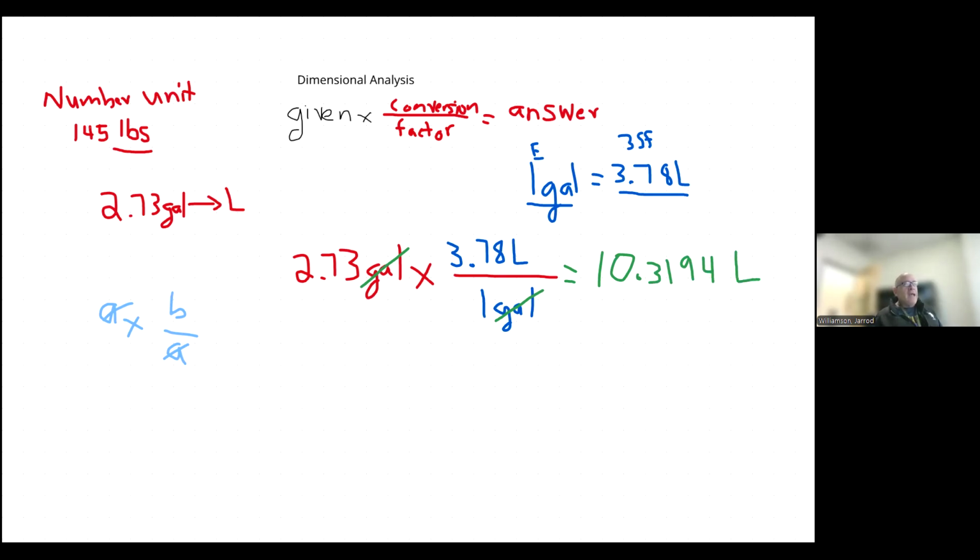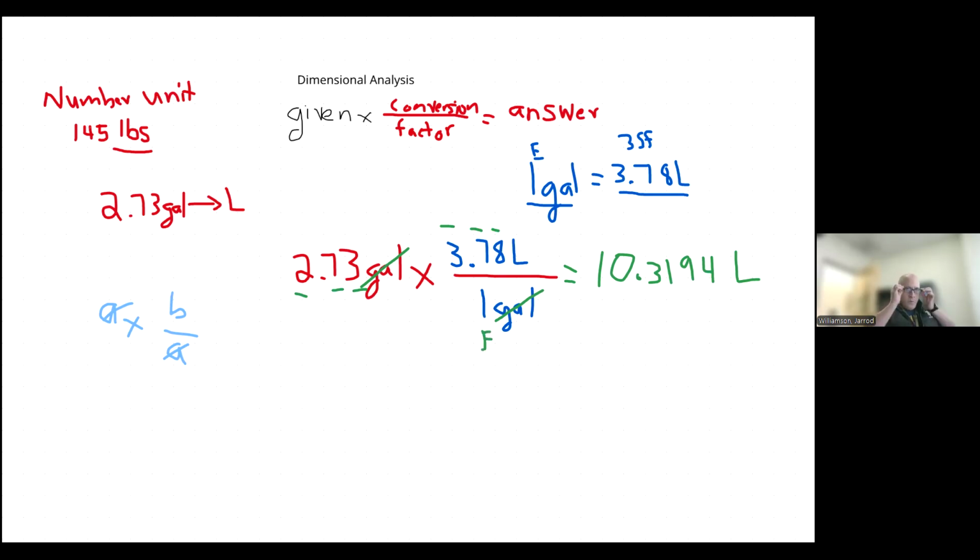If you leave it like that, you're actually wrong. Because this is 1, 2, 3 sig figs. This is 1, 2, 3 sig figs. And this number is exact.